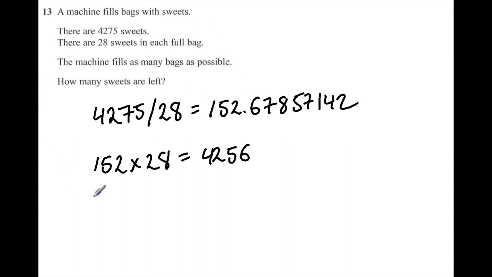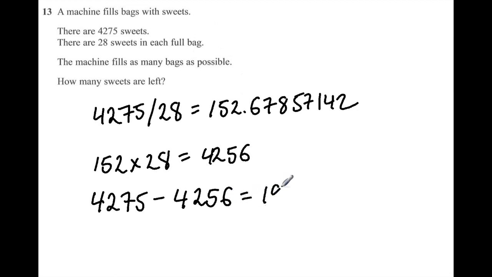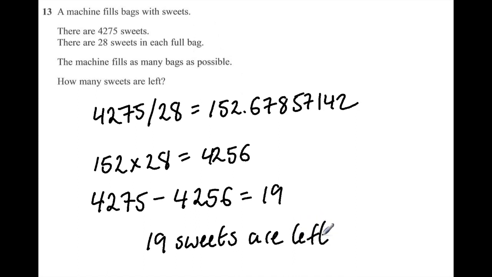So it's 4,275 minus 4,256, which equals 19. So 19 sweets are left.